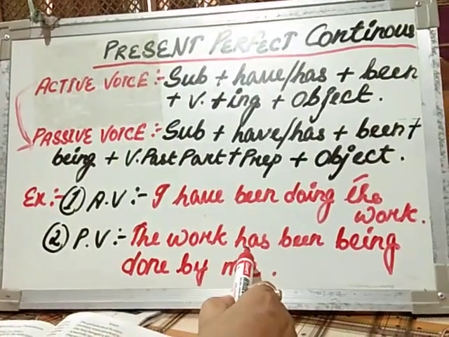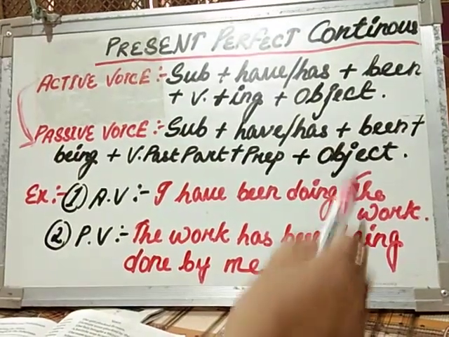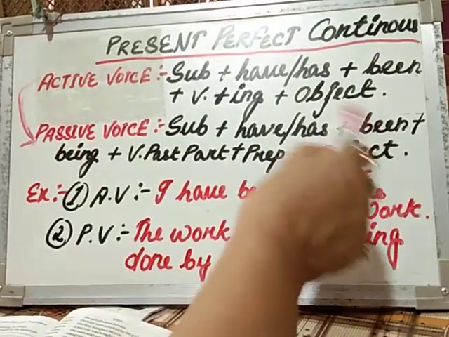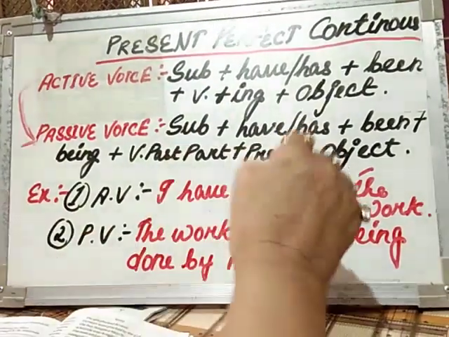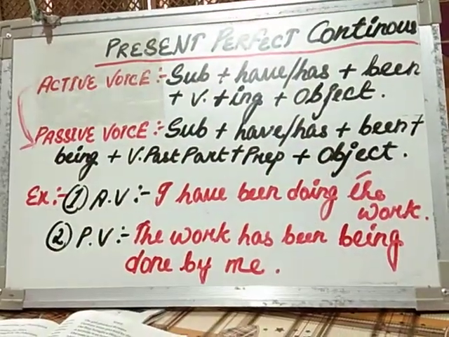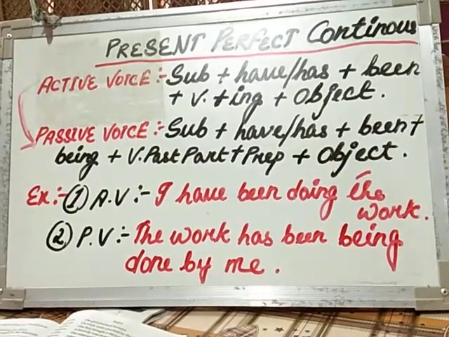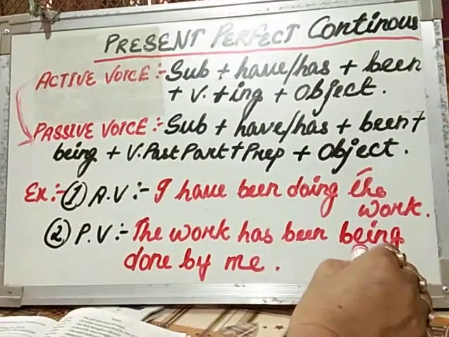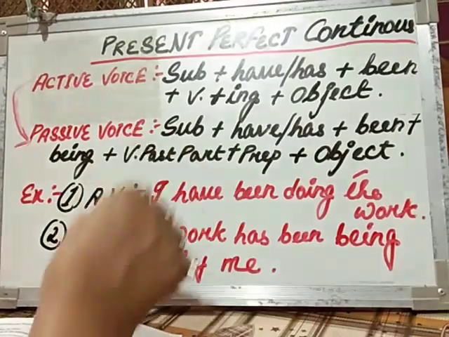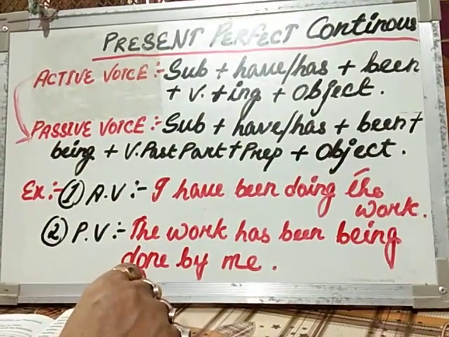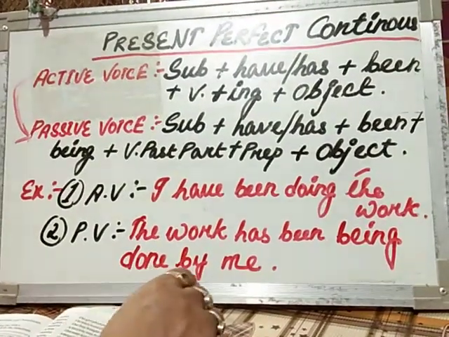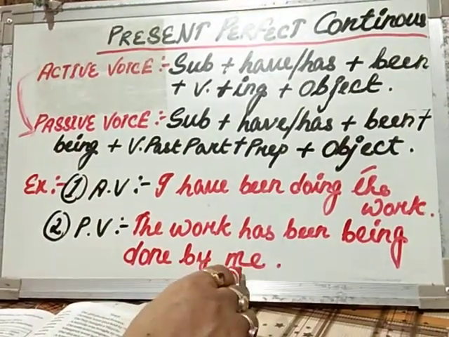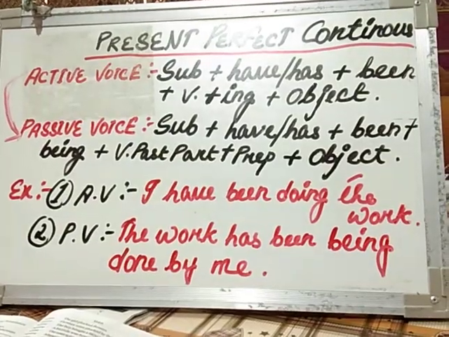So here I am writing has been, this been we have to add, and as soon as you see ing, you have to remember that when it comes to the passive voice, we have to add being. Being with the third form of the verb, that is done, the past participle form of the verb. By is the preposition, and me.